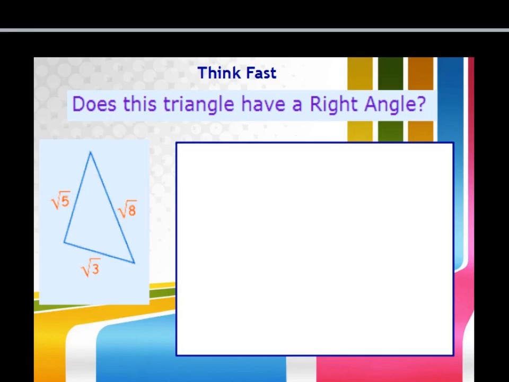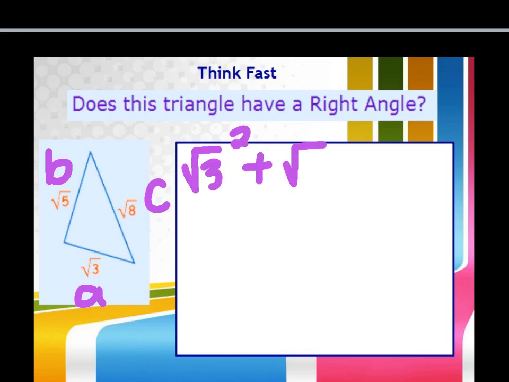All right, one more example. Does this triangle have a right angle? All right, so we're going to say the longest side is C, and then just assign A and B. Remember, it doesn't matter which one's A and which one's B. It still will work out because of the commutative property. So the square root of 3 squared plus the square root of 5 squared equals the square root of 8 squared.